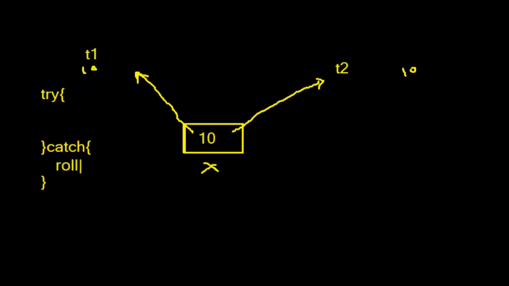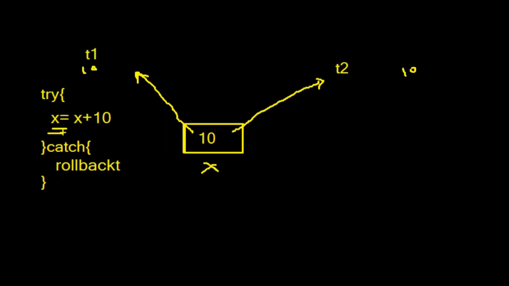Are you familiar with the word rollback? Okay. If there is an exception, it rolls back. Now assume that it has read this value x. Here it's going to do x equals x plus 10, and there are some lines of text.